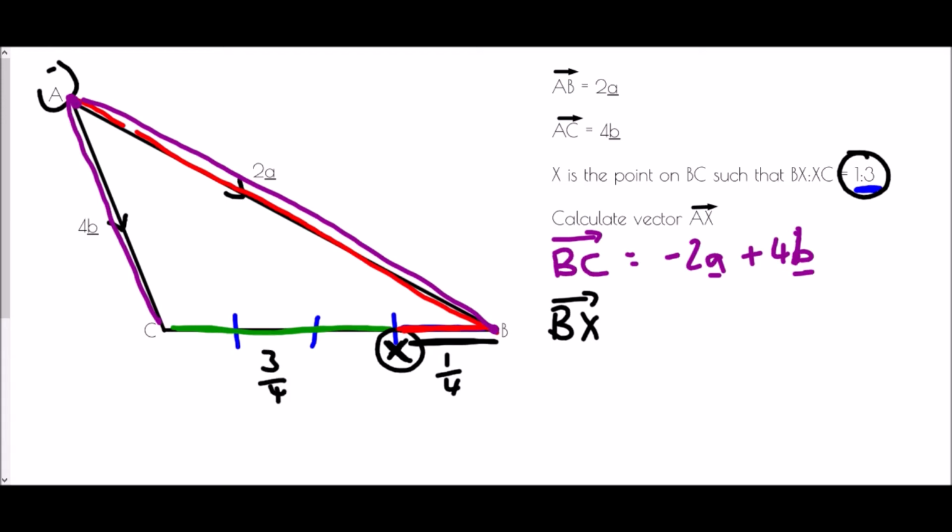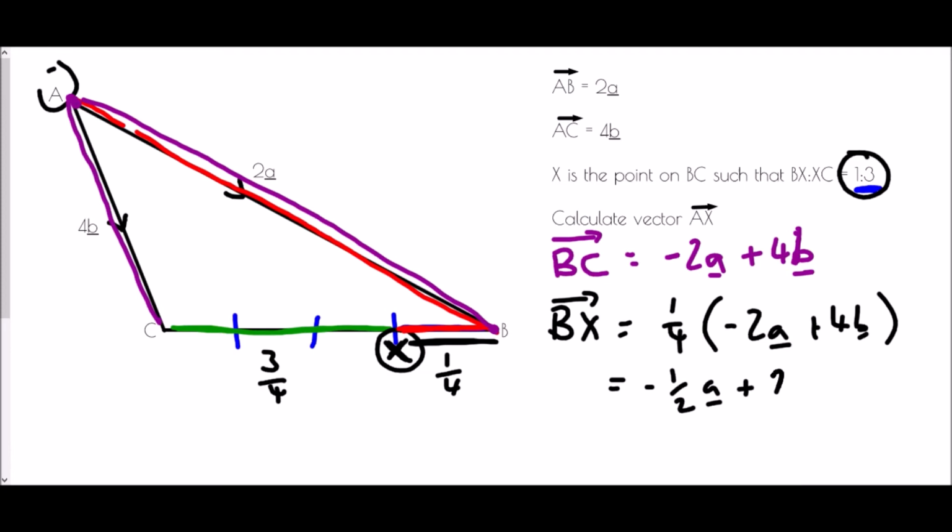And therefore, BX is 1/4 of BC. And so it's 1/4 of negative 2a plus 4b. And if we want to write that out, we could just say, well, that is negative 1/2 a plus b.